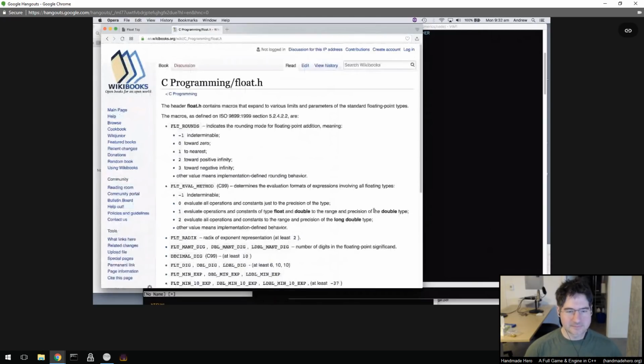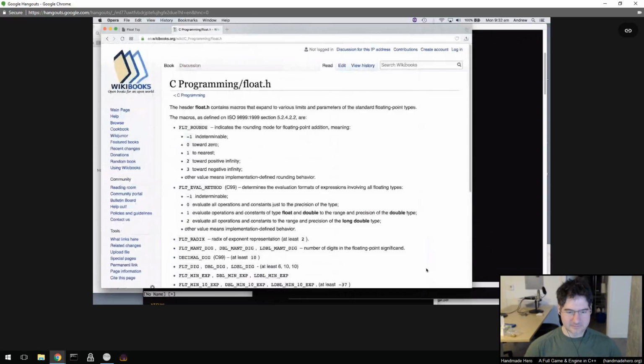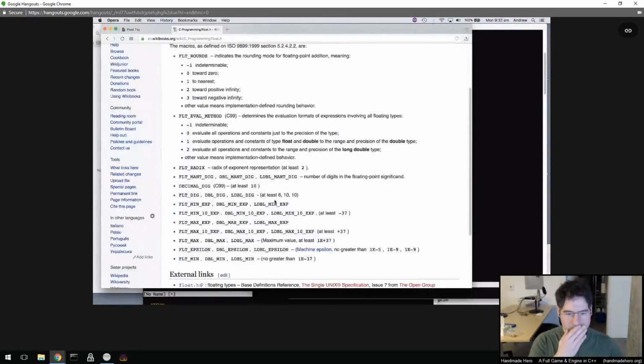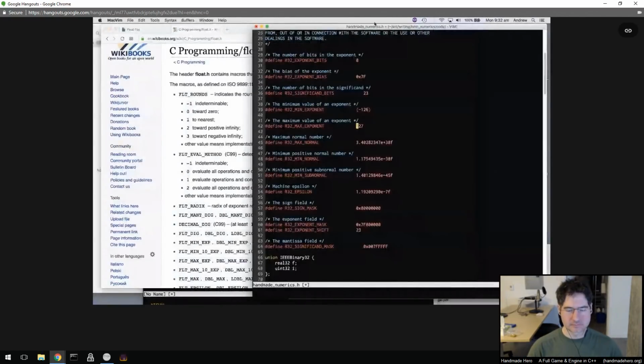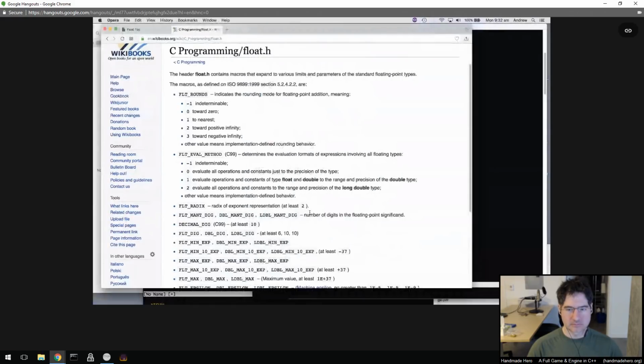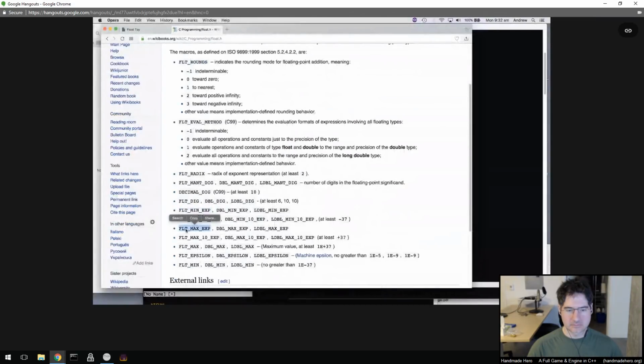All right. So this defines a bunch of constants that are very similar to the ones that I've defined here, but they differ in one slightly subtle way. So we've got minimum exponent, maximum exponent. This is for float. The maximum value. The minimum value, which, by the way, is not actually the minimum value for a float.